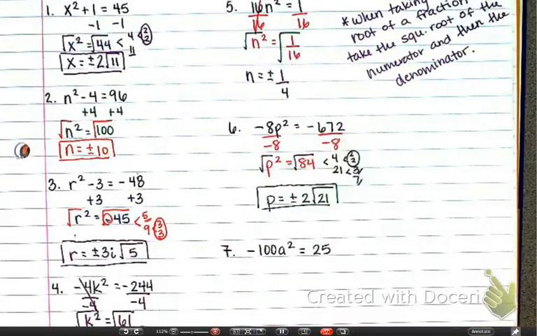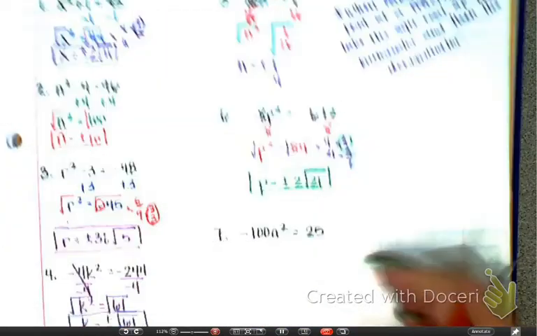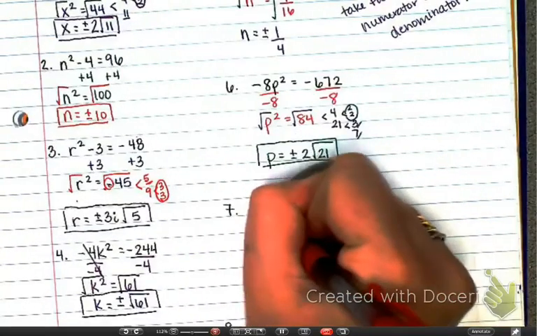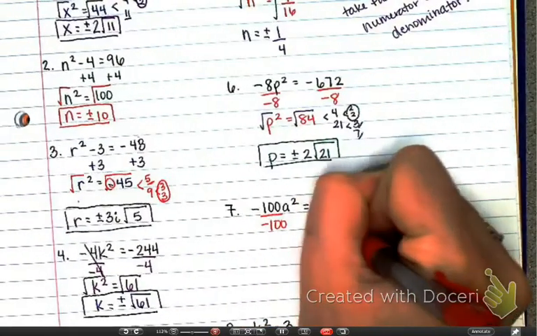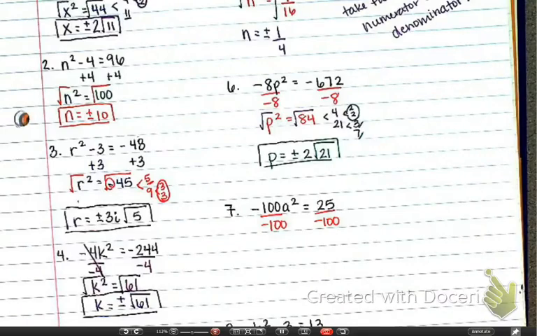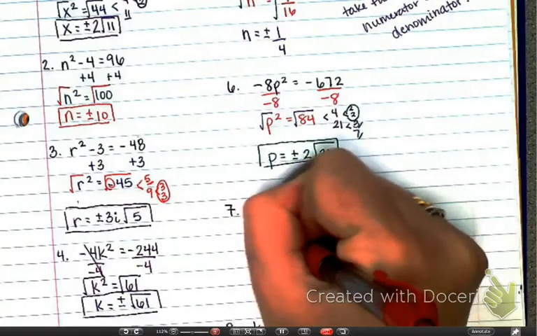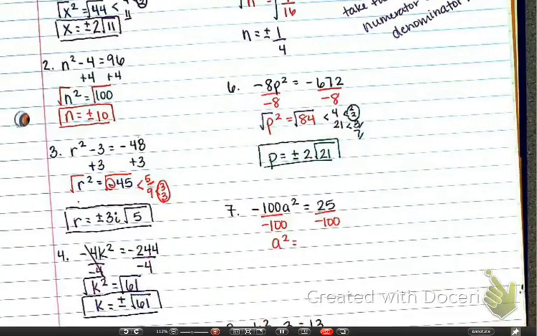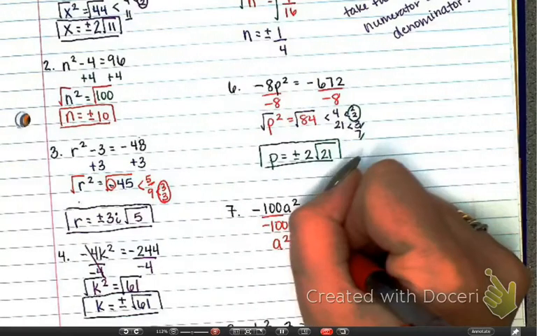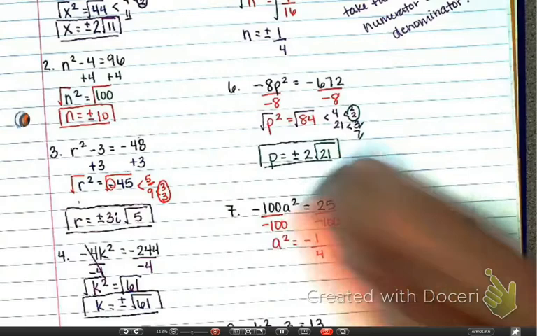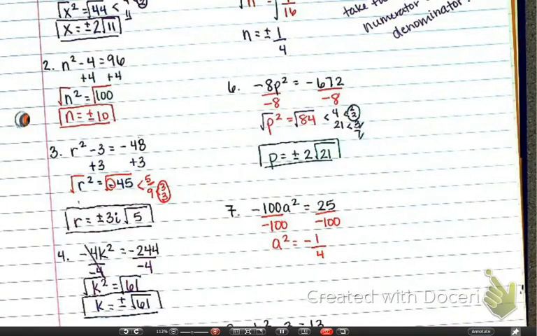Number 7, we got through part of it. So start by dividing by -100. And you get a squared equals, what's 25 divided by 100 if I was going to simplify that? 1/4. But it's a -1/4 because I have a -100.